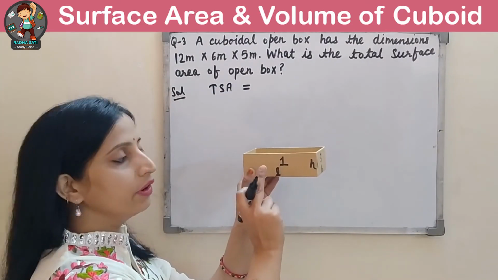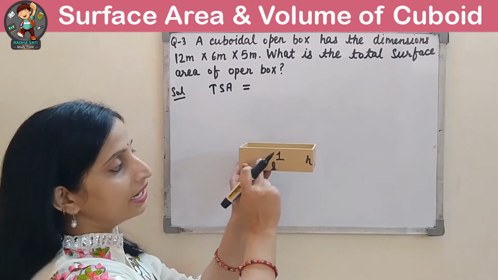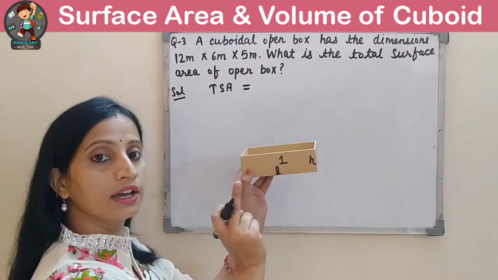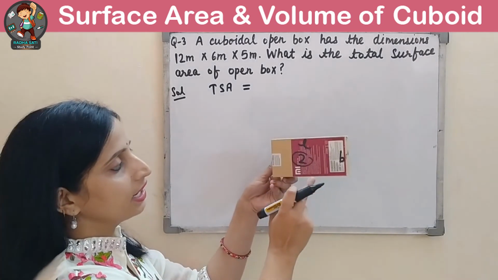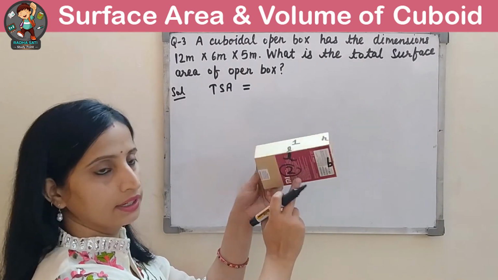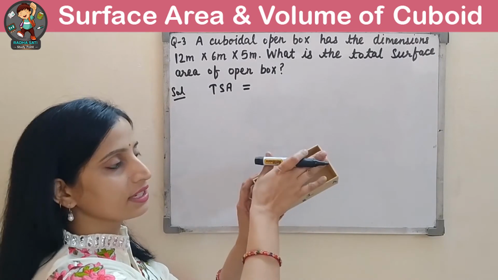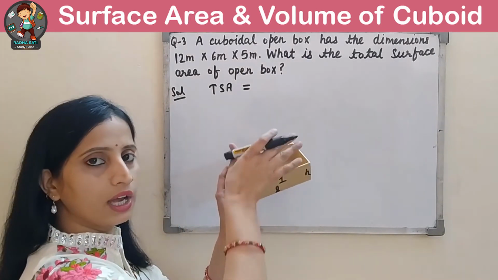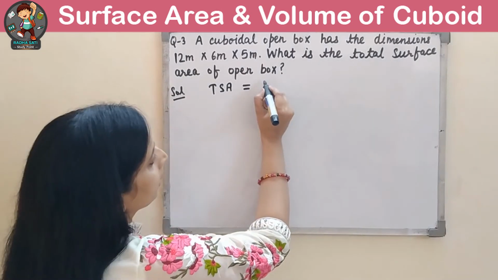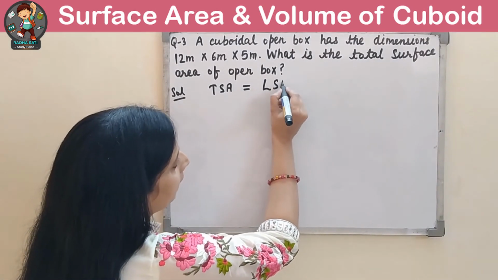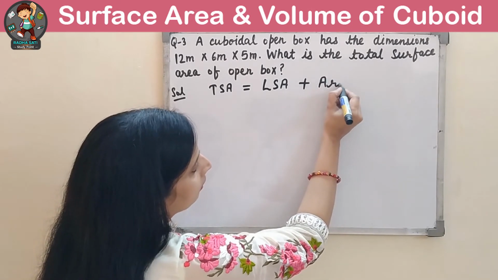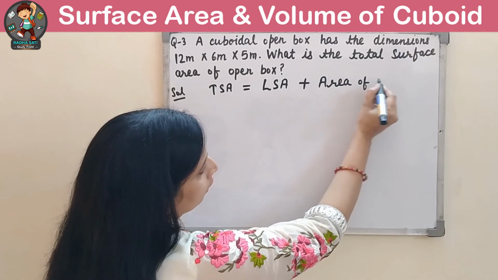This means we will find out its lateral surface area, the area of these four faces, plus the area of base only. Here the top face we will not include because the box is open from the top. Okay. So TSA will be LSA plus the area of base.